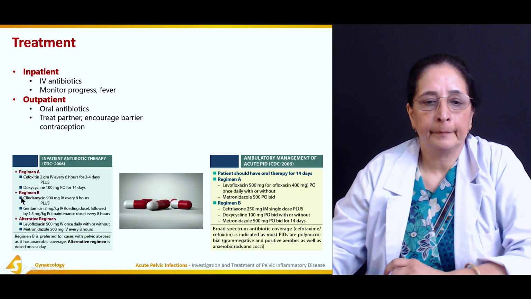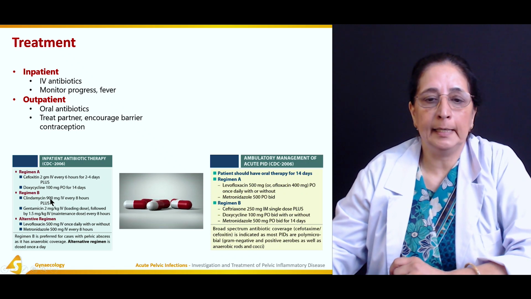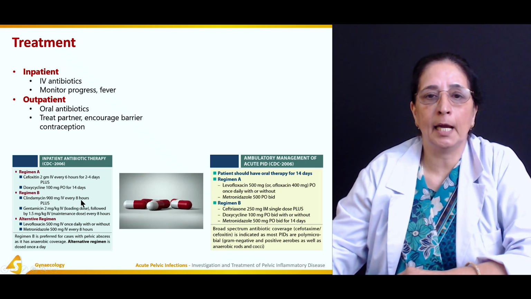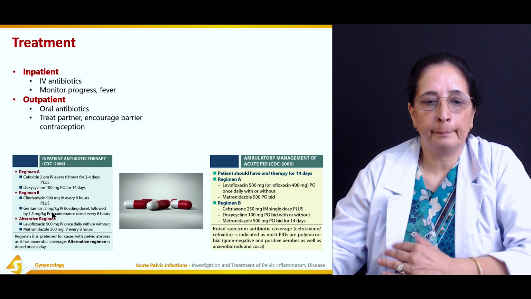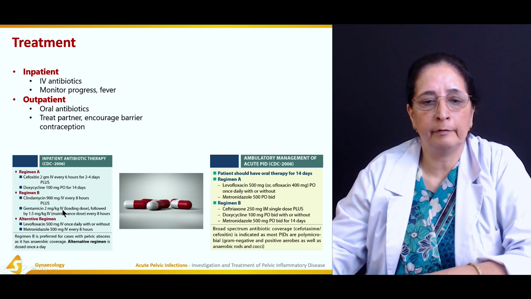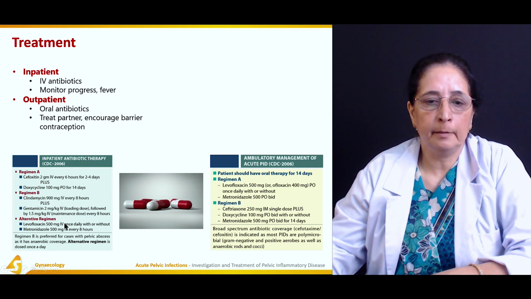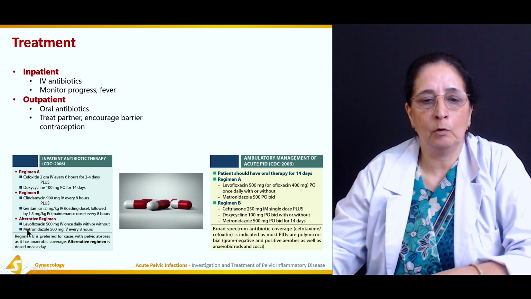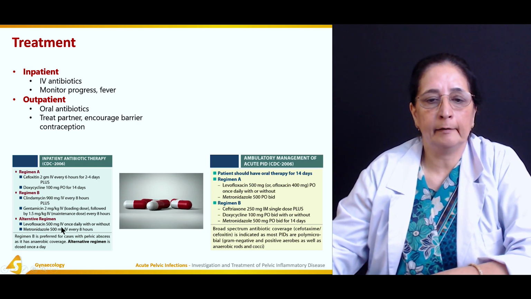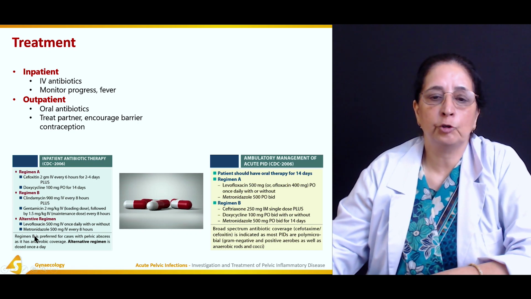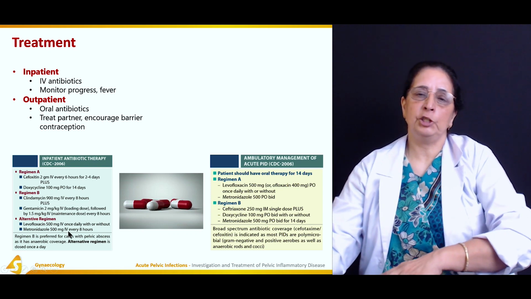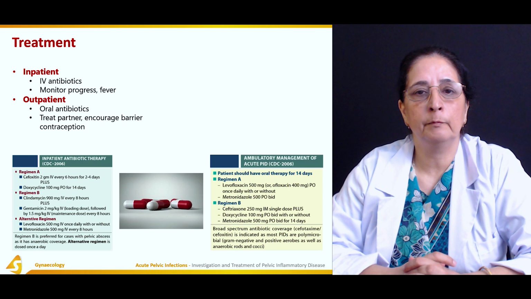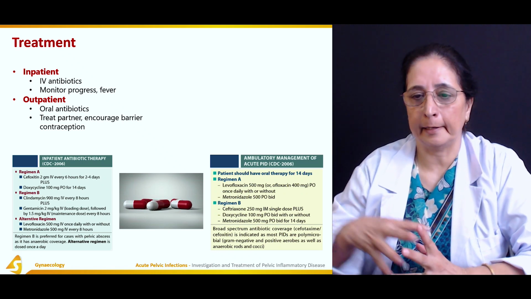In regime B, clindamycin 900 milligrams intravenously every 8 hours plus gentamicin 2 milligrams per kilogram IV every 8 hours. As an alternative regime, we can also try levofloxacin 500 milligrams intravenously and metronidazole 500 milligrams intravenously. So inpatients, as you can see, are treated more with intravenous therapy.